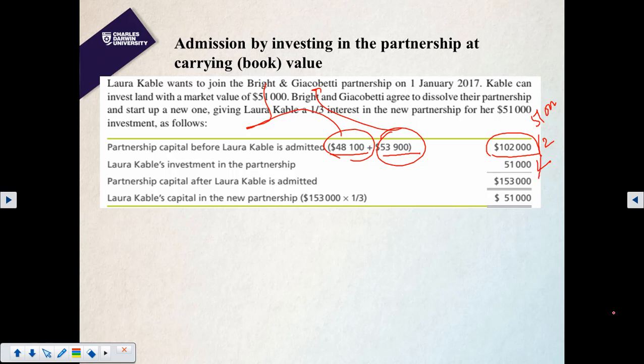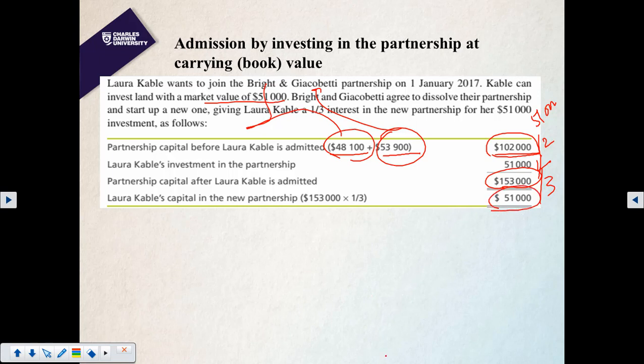So the business value for the two is 102. The third partner is coming, contributing equally. The total value of the business is going to be 153. If you divide it by 3, each of them will get 51, 51 and 51. The point that we want to make is that the new partner, whatever he is giving to the business, is not getting more and not getting less. His contribution is exactly the same as the other people, $51,000.